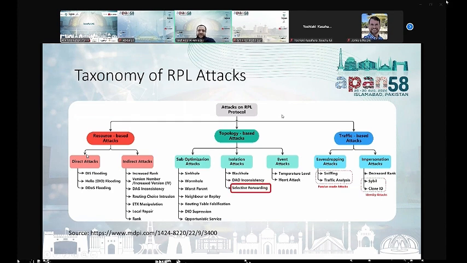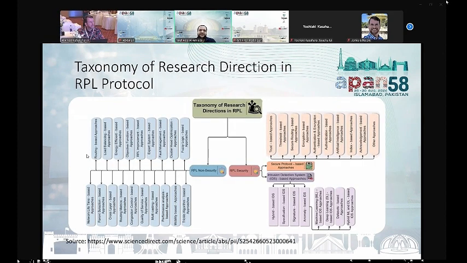Okay? So in this research, we focus on detecting one of the most popular topology-based attacks, which is the selective forwarding attack. Here, this figure shows the current research direction in the RPL protocol. As you can see here in the slide, the current research direction of RPL can be classified into 2 types: RPL security and non-RPL security.